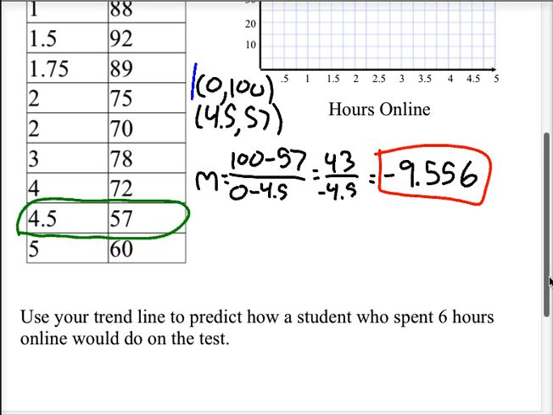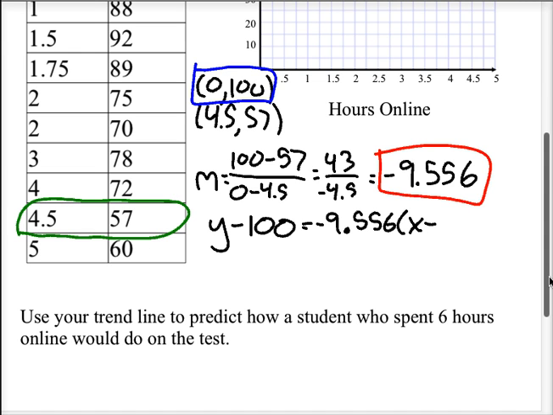I have my point, and again, working with ones that have zeros are typically easiest. So y minus the y value from the point equals our slope times x minus the x value from the point. So again, that is a point-slope equation. But with trend lines, since we want to be able to make predictions with these, we don't want to leave it in point-slope form.